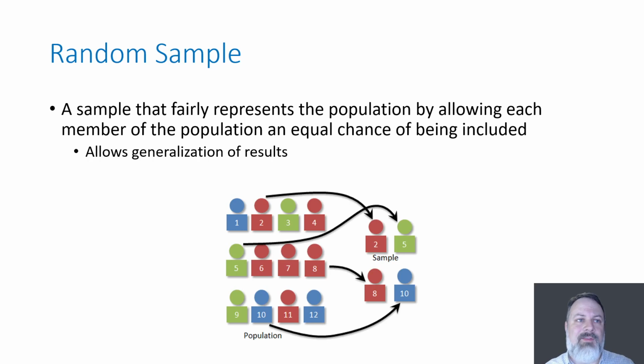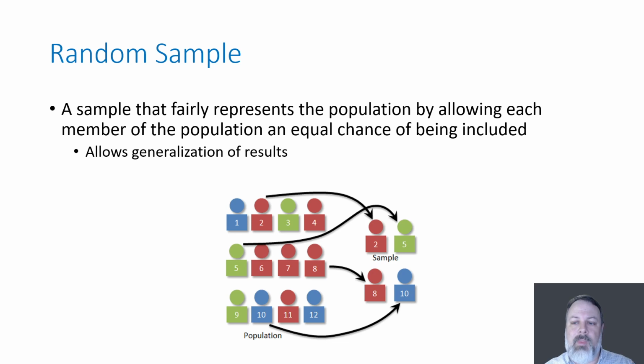So, how do we get these samples from the population? Ideally, we use something called a random sample. A random sample is one where your sample represents the population because any individual in the population has an equal likelihood of being included in that sample. So you can imagine if you had a big jar of marbles and you reach your hand in and you pull one out, that's a fairly random method; any one of those marbles could have been selected.